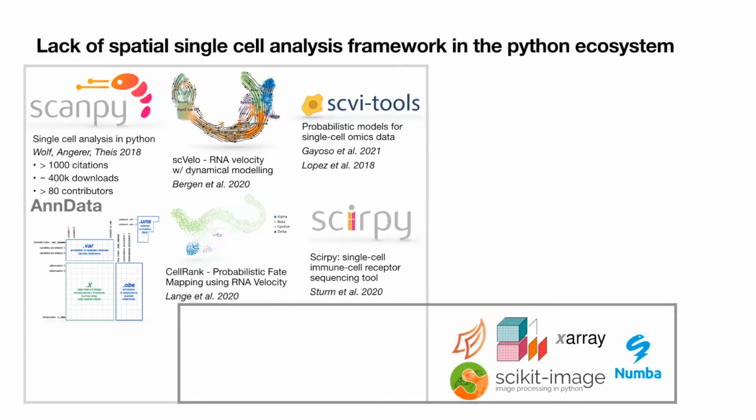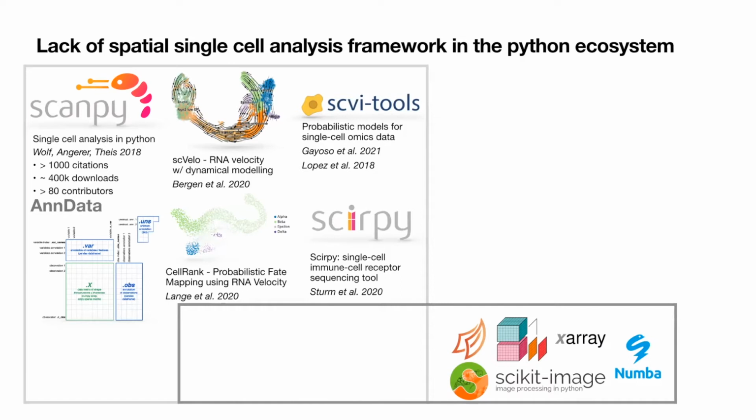Okay, so this again is a short overview of the Python ecosystem that we have for single cell analysis. I already talked about this a bit yesterday, but this is now in the new organization where we try to pull together all the Python tools for single cell analysis.